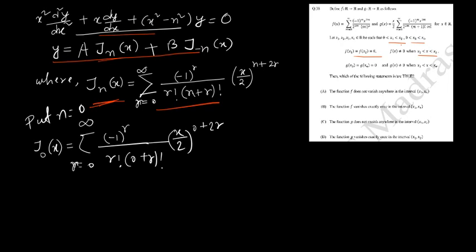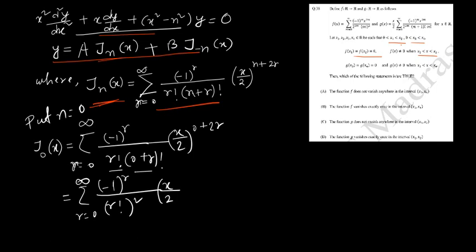So this equals summation r equals 0 to infinity of (-1)^r by factorial r into factorial r, that means (factorial r) whole square, times (x/2) to the power 2r.